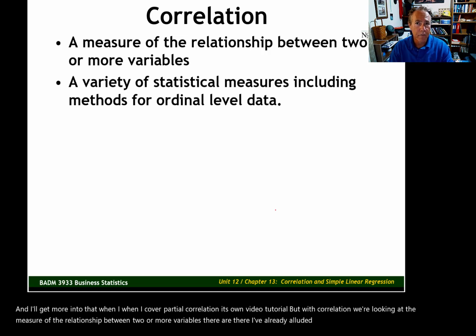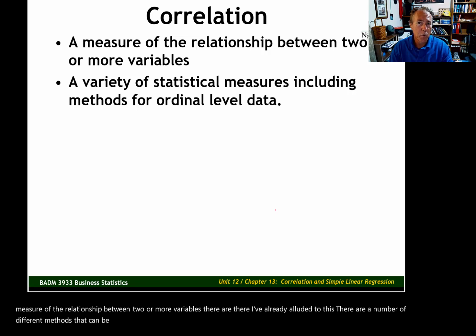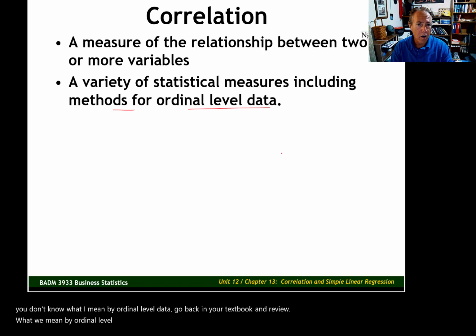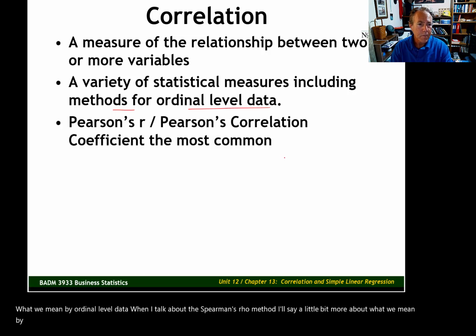There are a number of different methods that can be used to assess relationships between variables, including methods for ordinal level data. And if you don't know what I mean by ordinal level data, go back in your textbook and review what we mean by ordinal level data. When I talk about the Spearman's rho method, I'll say a little bit more about what we mean by ordinal level data.